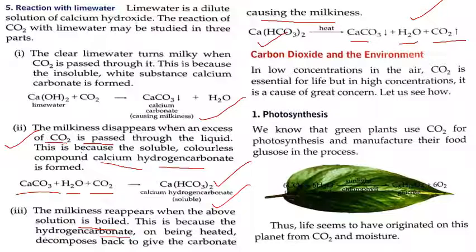In the third part, if we heat the calcium hydrogen carbonate, it will form calcium carbonate plus water plus carbon dioxide again, and at this point the milkiness will appear again.